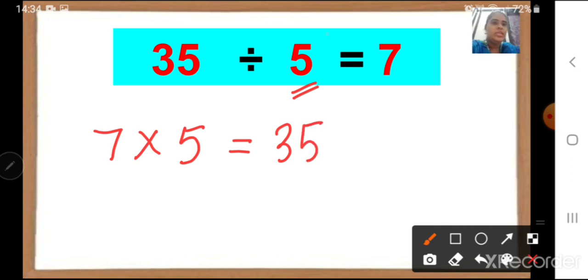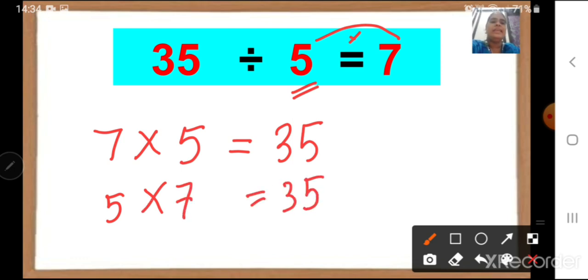Got it, children? If we multiply these both numbers, we will get number 35. And the second multiplication fact, we can interchange the numbers. 5 into 7 is equal to 35. So this is our second multiplication fact.